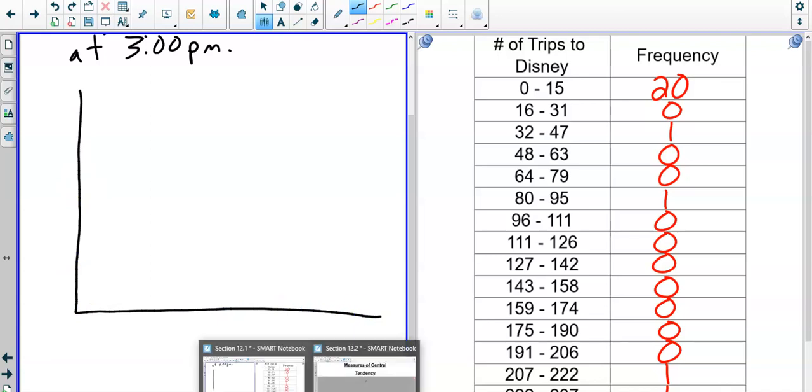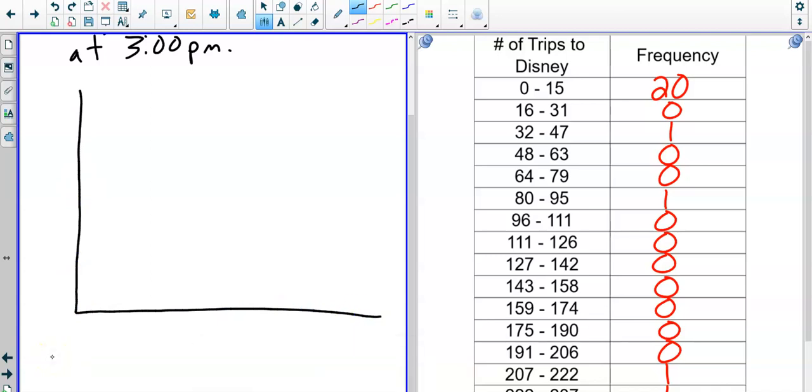Again, my x-axis is all about the number of trips to Disney. My y-axis is the frequency.